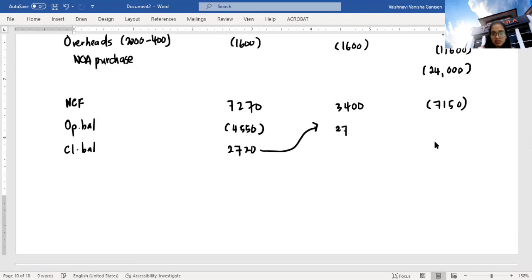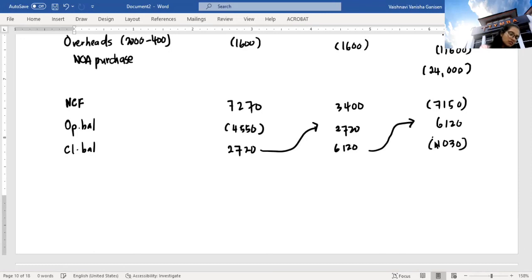So 2,720, a positive figure, plus 3,400 is 6,120. Again, closing balance of year two is the opening balance of the next, 6,120, so minus 7,150, your closing balance is 1,030.